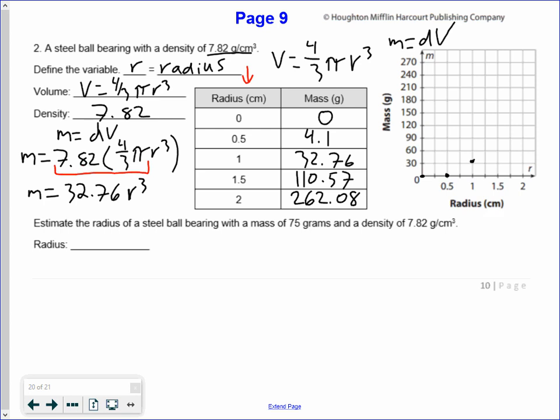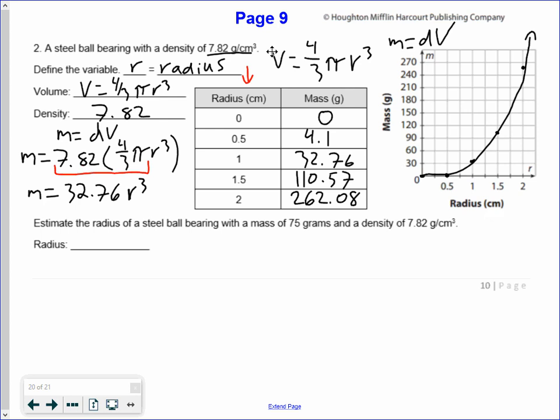At 1.5, it's about 110.57, so about right here. And at 2, it's 262.08, so way up here. So this is what my function more or less looks like, something close to that.